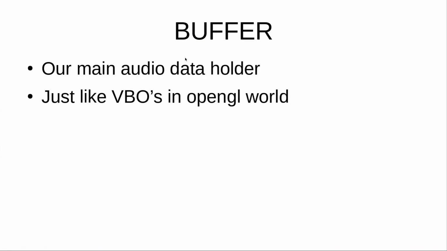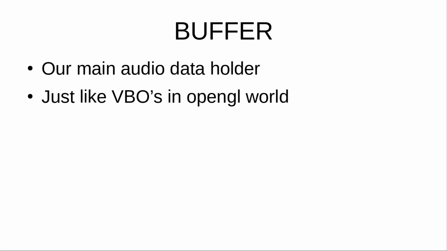Okay, so before starting, there's some things that you guys need to know. First is buffer. What is buffer? Buffer is basically the thing that holds the data about an audio. For example, let's say there's a .wav file or .mp4 file. Where are you going to store its data?